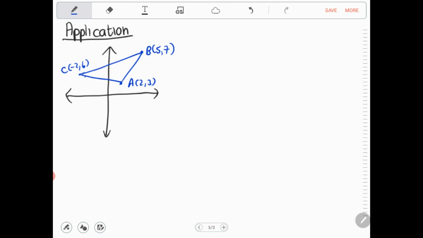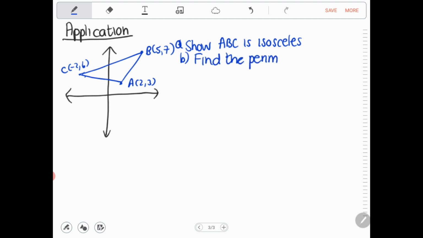Okay, so we want to show that ABC is isosceles. Remember, an isosceles triangle has got two equal sides. That's A and B. Find the perimeter. Remember, perimeter is the distance around the outside of a shape, of triangle ABC, to one decimal place.